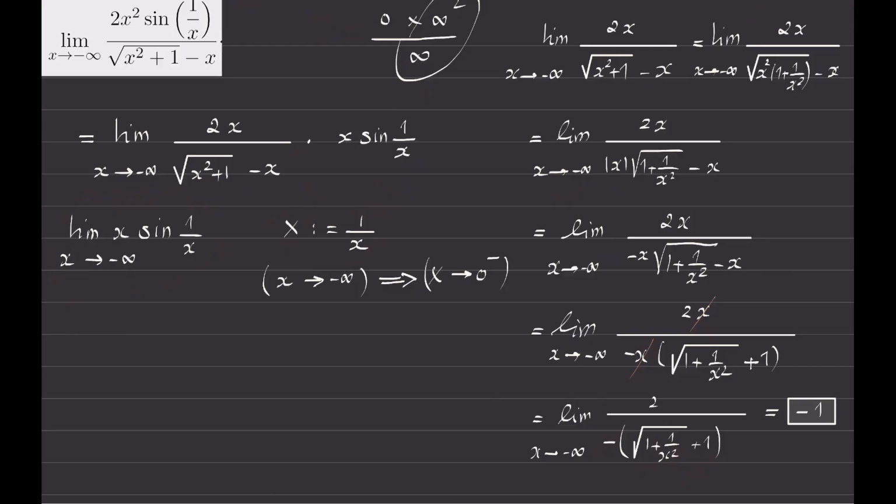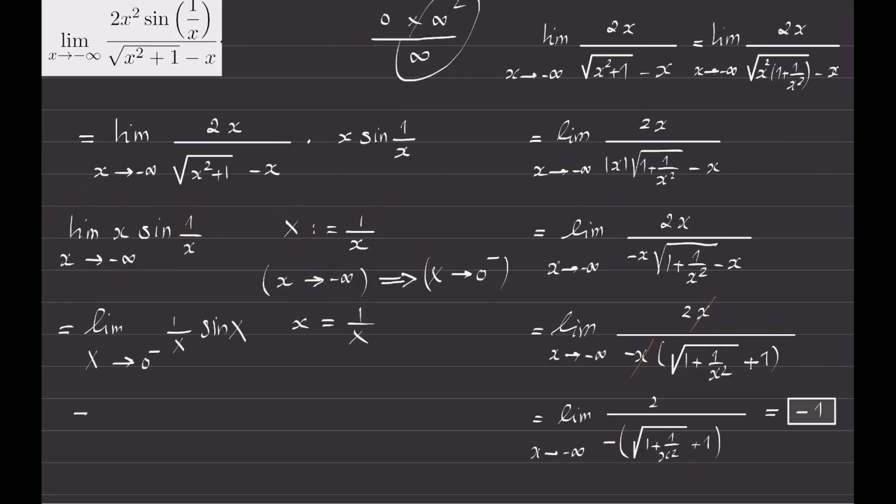And then of course, if capital X is 1 over x, little x will be 1 over capital X. So this means that now I can rewrite this limit. Instead of little x, I can put 1 over X. Instead of 1 over x, I can put capital X. And instead of saying that little x goes to minus infinity, capital X goes to 0 from the left-hand side. So this becomes the limit as capital X goes to 0 from the left of (1 over X) times sine X.